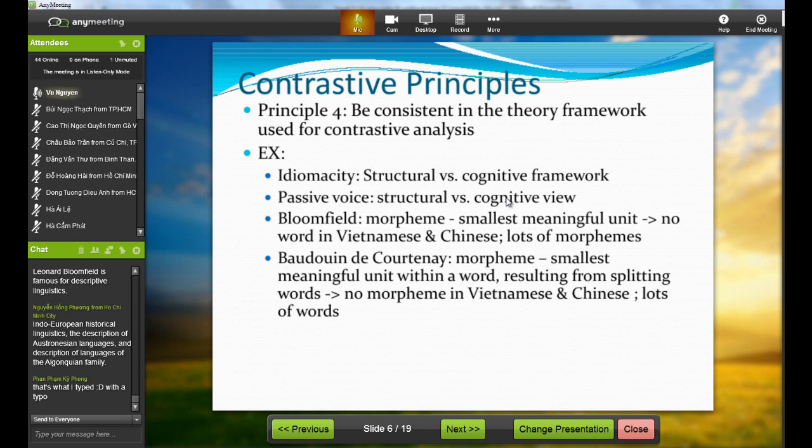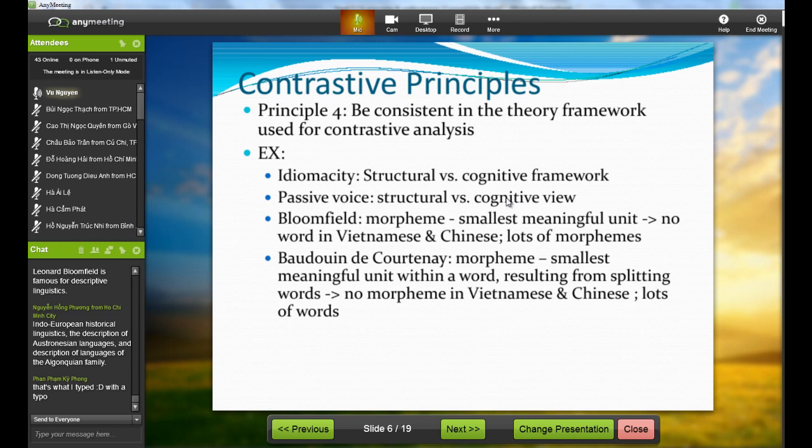Now if we take this definition in our analysis of vocabulary, then we come to the conclusion that in Vietnamese and in Chinese we have thousands of morphemes, we have millions of morphemes.